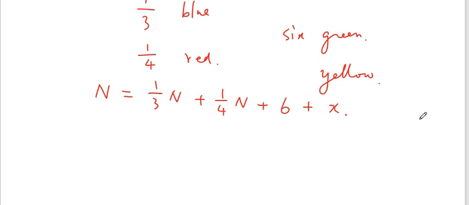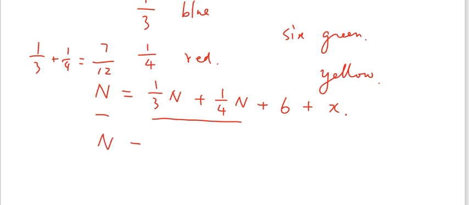So we put n together: 1 over 3 plus 1 over 4 equals 7 over 12. So 7 over 12 n plus 6 plus x.